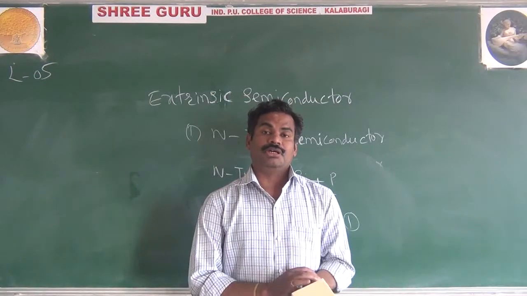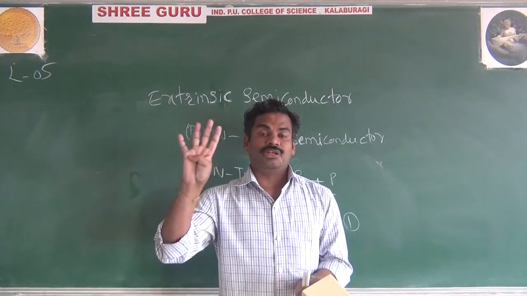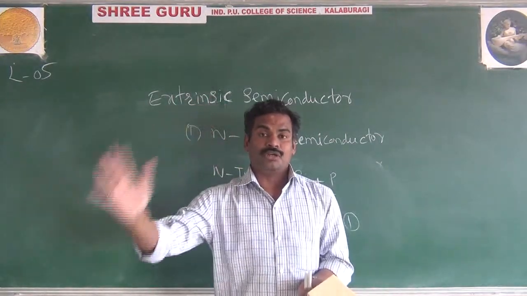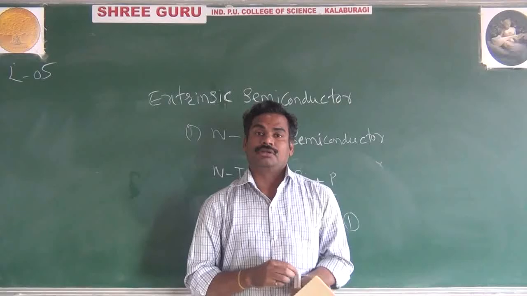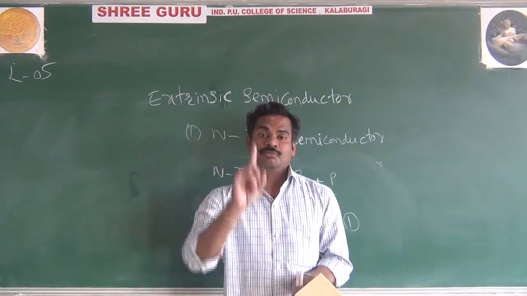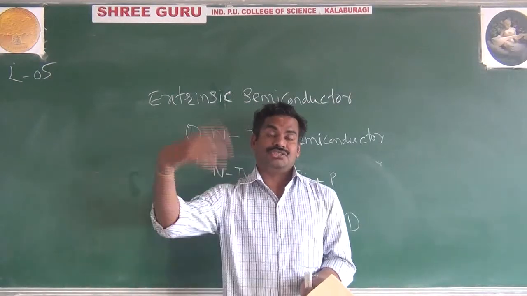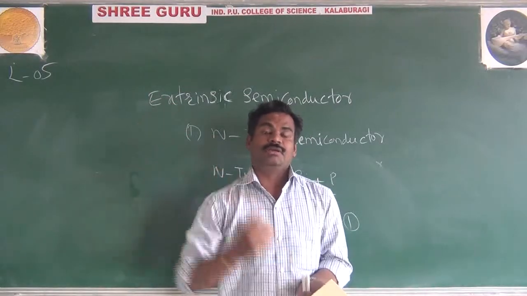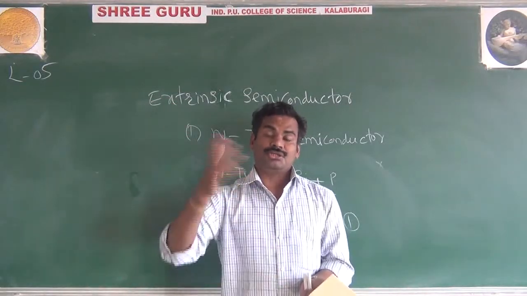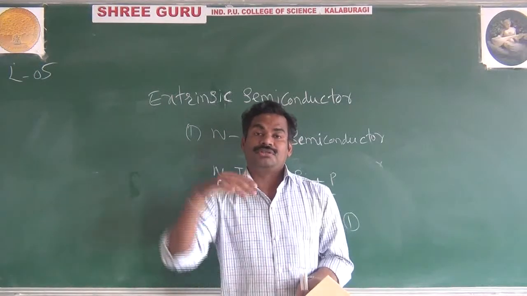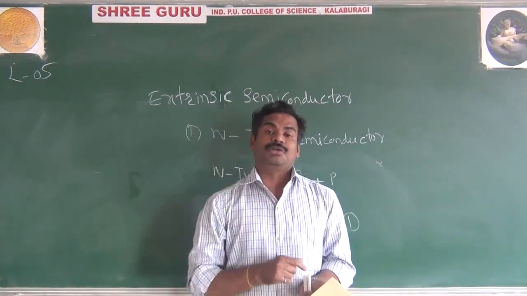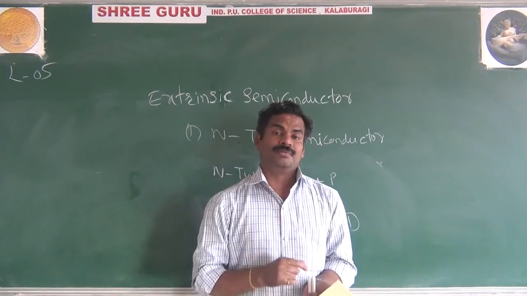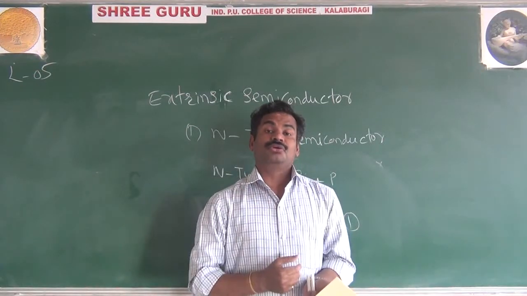Silicon has only 4 valence electrons, phosphorus has 5. 4 of silicon and 4 of phosphorus make the covalent bond, but one extra electron is nothing but a free electron. That is totally free from the covalent bond, with no relation to the parent atom. It is loosely bonded to the nucleus, so it can easily move into the conduction band and move in the crystal. As I said, it is also called the donor level.